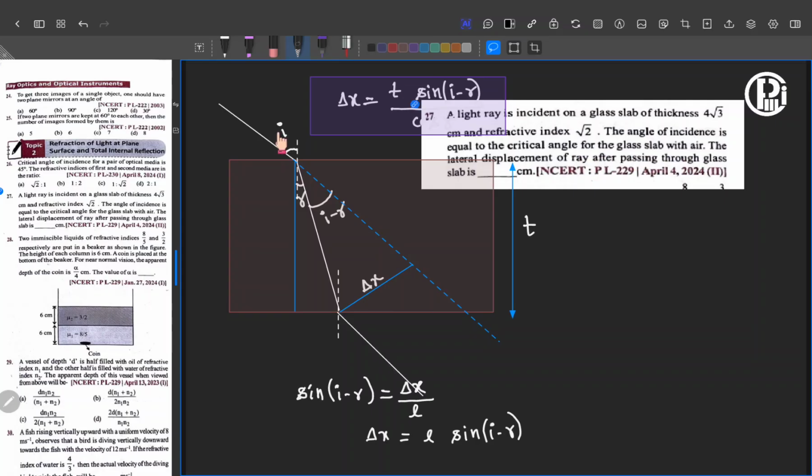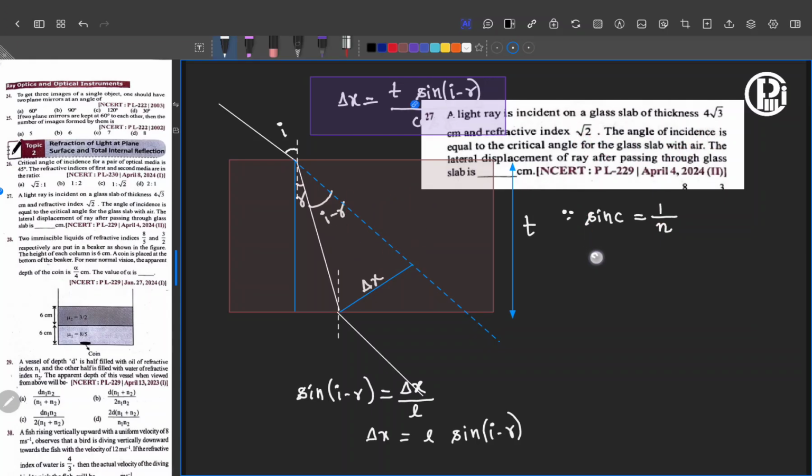So he is saying that this angle of incidence is equal to the critical angle. The critical angle formula was explained in a previous class. We can write it as sin C is equal to 1 by n, where 1 is the refractive index of air and n is the refractive index of the denser medium. Here the glass slab has a refractive index of √2.